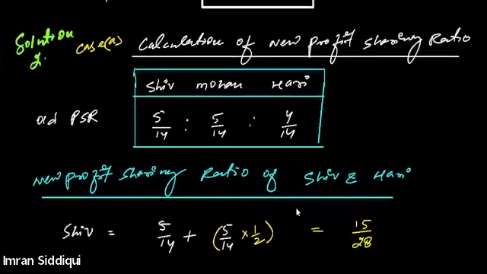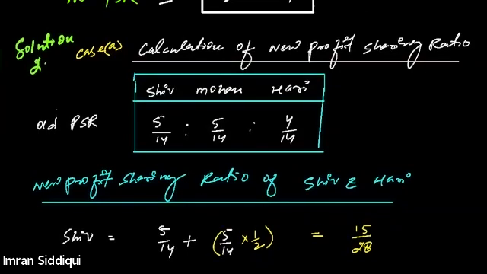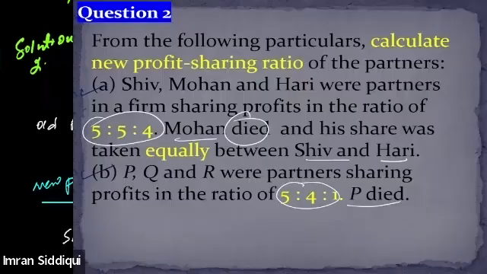Now we need to calculate the new PSR, and the question is telling us that Mohan died and his share was taken by Shiv and Hari equally. So just tell me, what is Mohan's share in the partnership? Mohan's share was 5/14. Is that correct, everyone? Yes, sir.